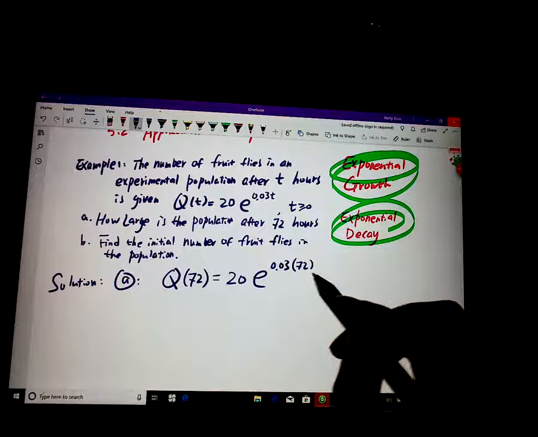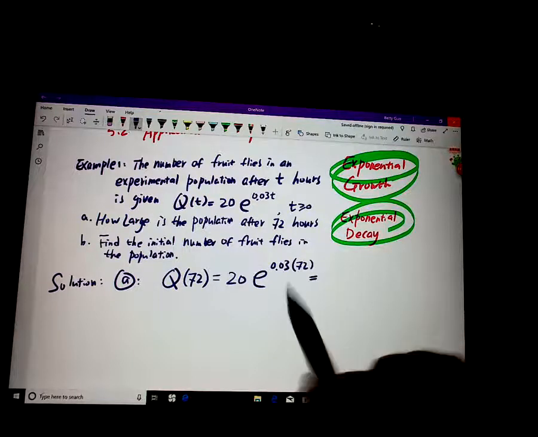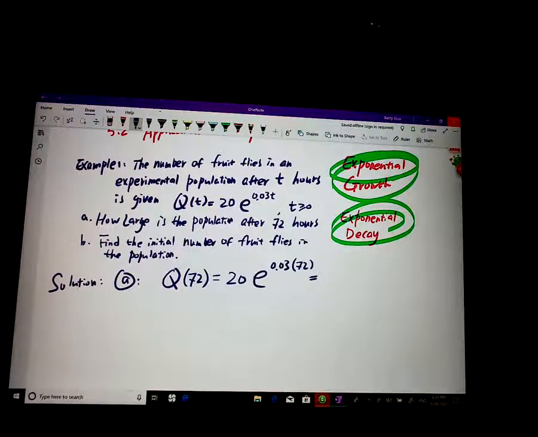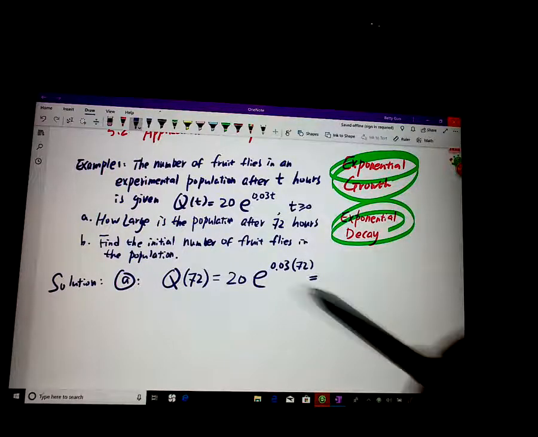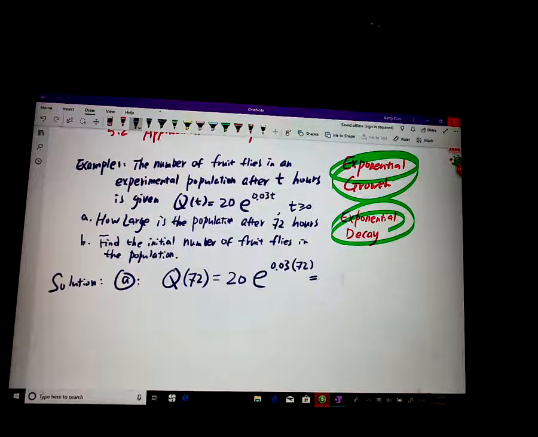You should have a graphing calculator. Try to use your graphing calculator to evaluate. Since I do not have a graphing calculator emulator on my Surface, I'm going to skip this part. I believe you can figure that out. It's pretty simple.